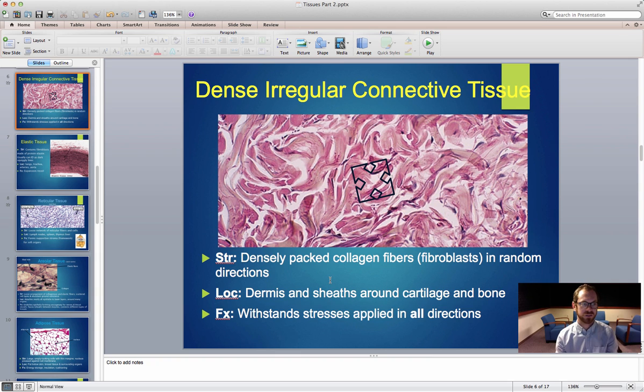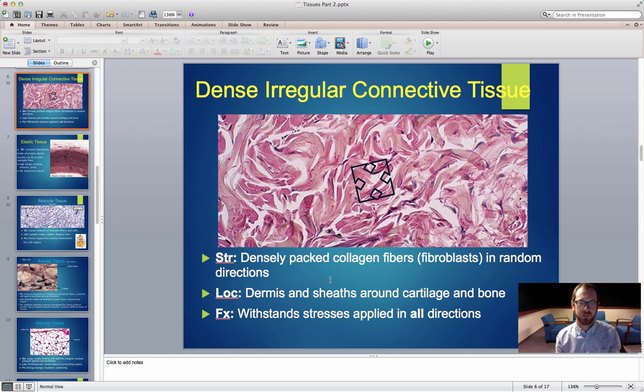Likewise, if we switched and had dense regular connective tissue at our skin, anytime someone playfully gave you a pinch, or if you were even just scratching your arm and causing multi-directional stress on your dermis, you would likely injure that connective tissue.